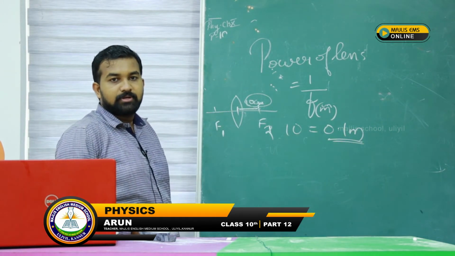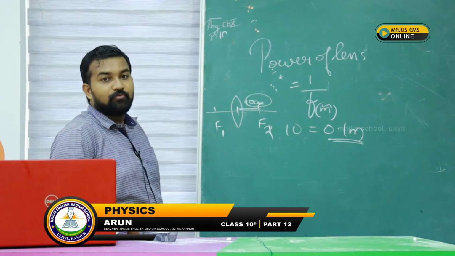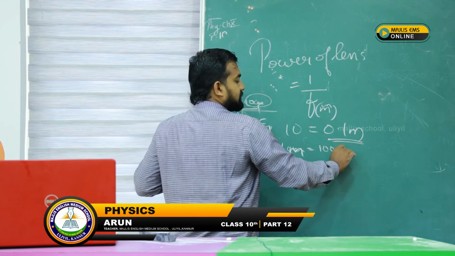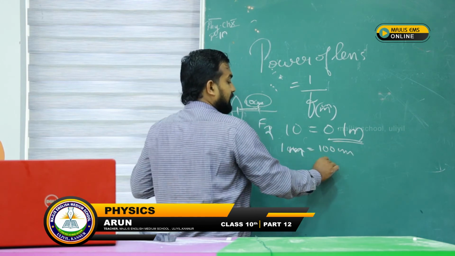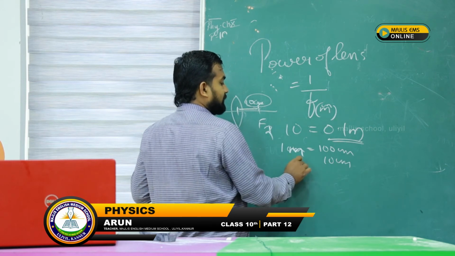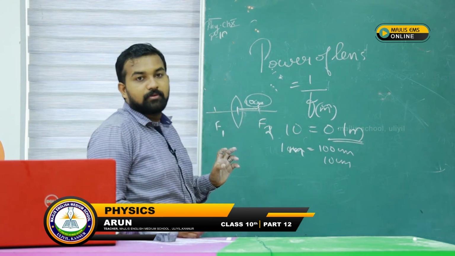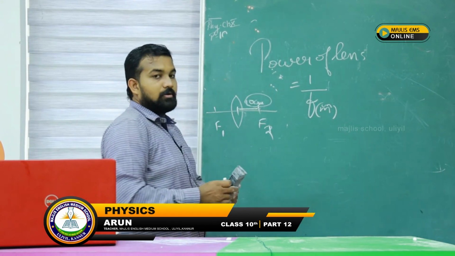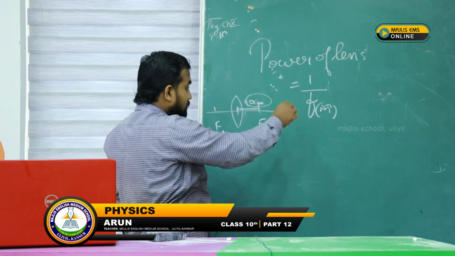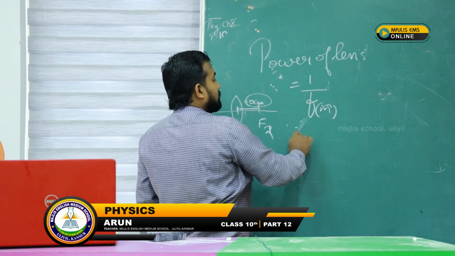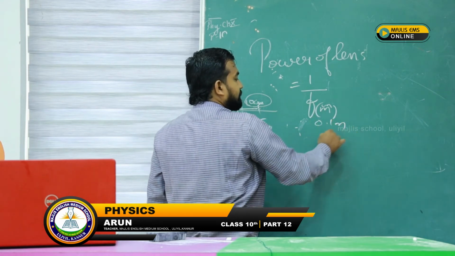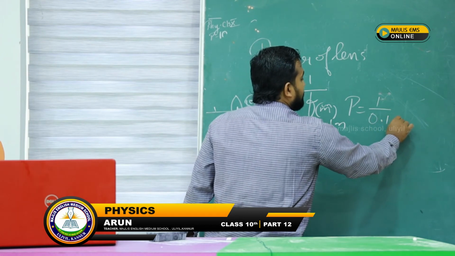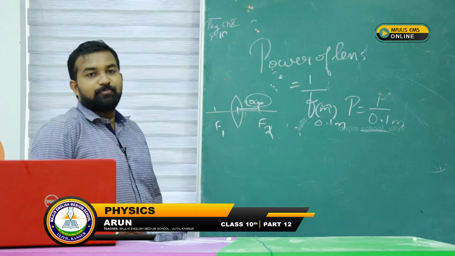Since 1 meter is equal to 100 centimeter, 10 centimeter is equal to 10 divided by 100, that's equal to 0.1 meter. So f is equal to 0.1 meter. So the power is equal to 1 divided by 0.1 meter. This is how you have to calculate the power.